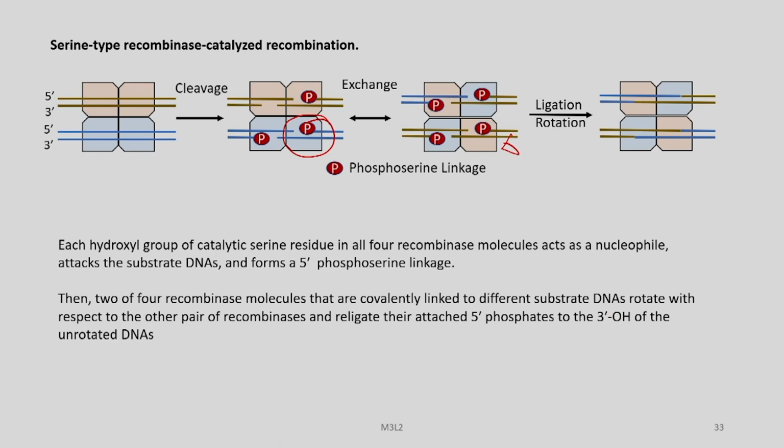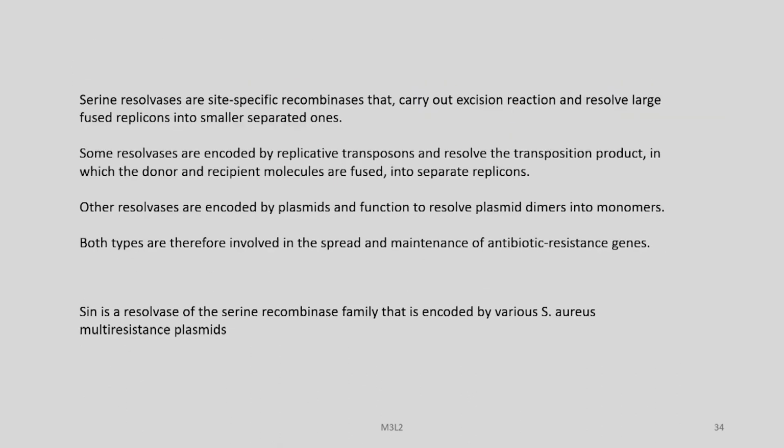So, this is a little bit different from the earlier case. Here there is no formation of the Holliday junction. Serine resolvases are site specific recombinases that carry out excision reactions and resolve large fused replicons into smaller separated ones.